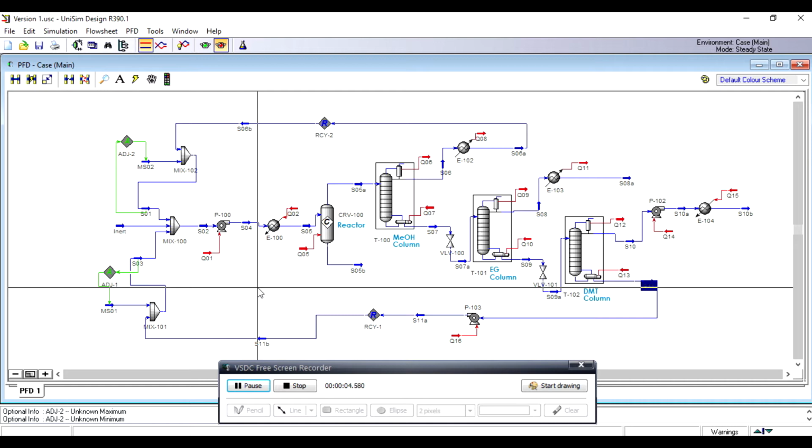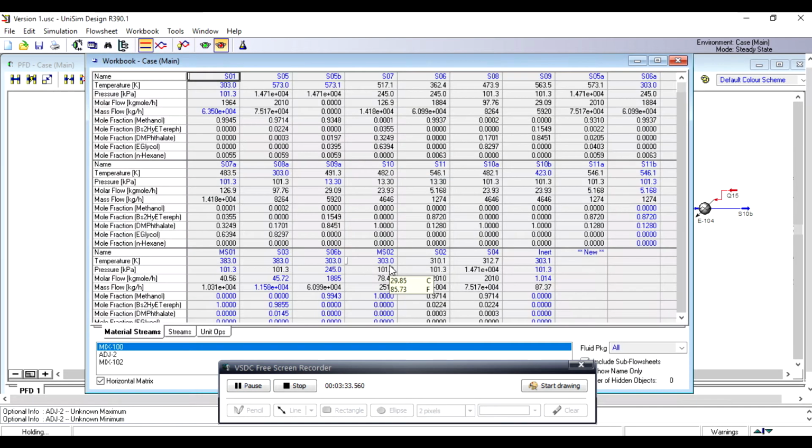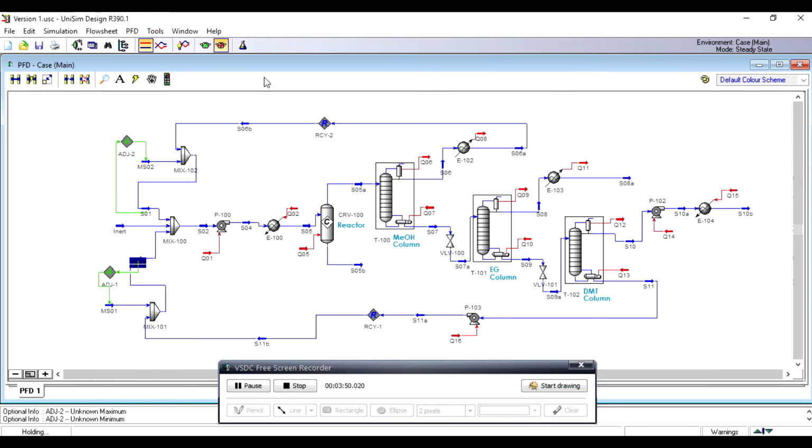The stream table of this simulation can be found here, as shown. The temperature, pressure, molar flow, mass flow, and mole fraction of the components of each stream are shown here, and this stream table will also be attached in our report.